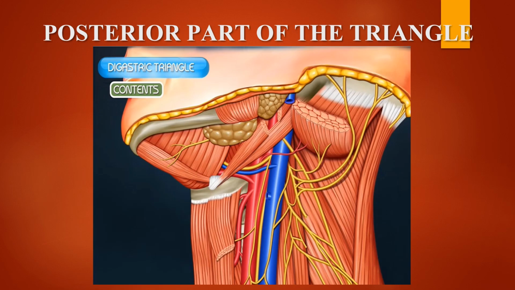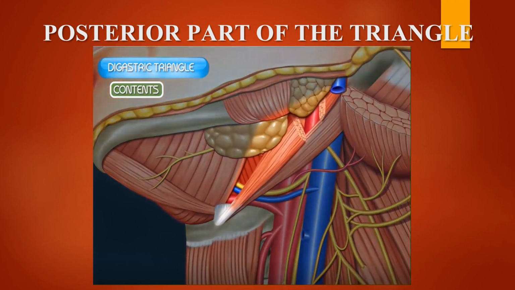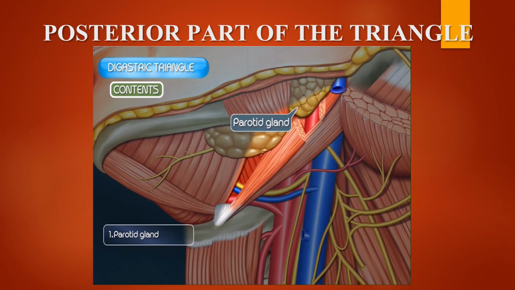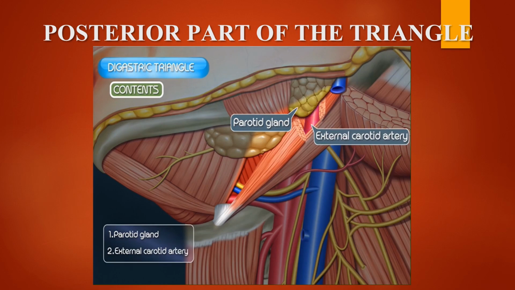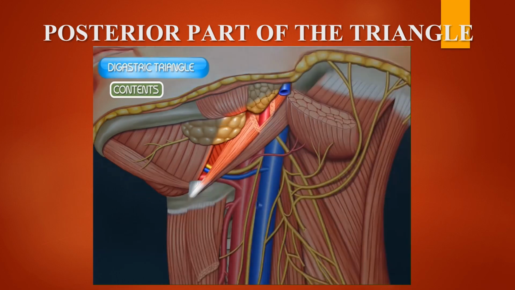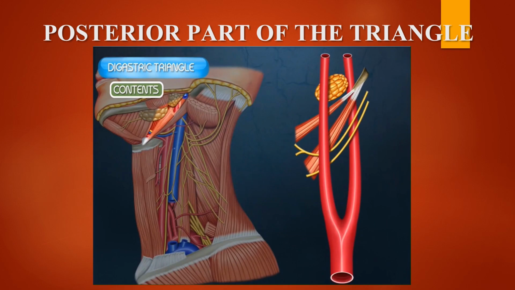Coming to the posterior part of the triangle, the main important content will be the parotid gland and the external carotid artery, which is piercing the apex of it. This is the superficial content of the posterior part. Coming to the deep content, structures between the external and the internal carotid artery make the deep content.